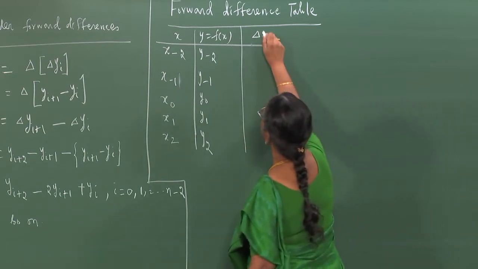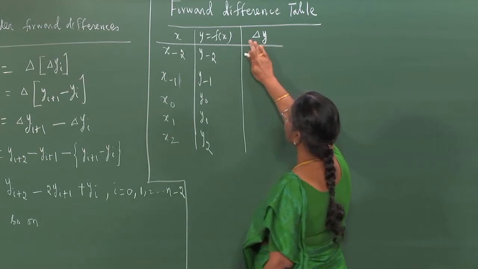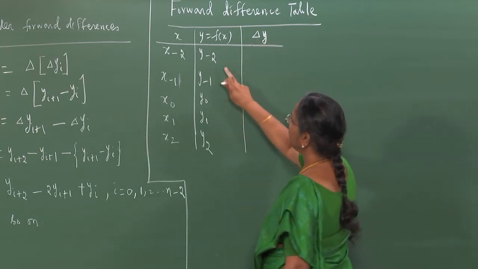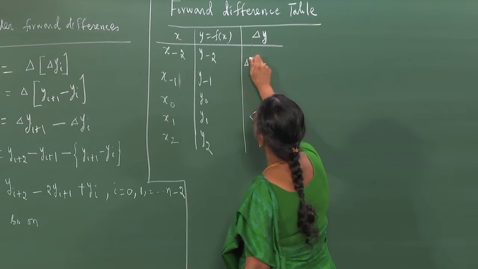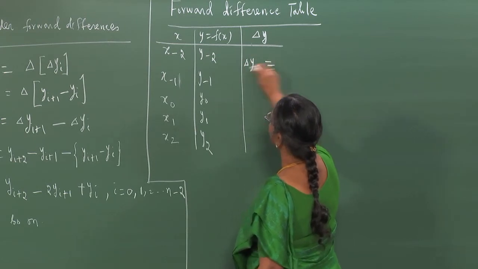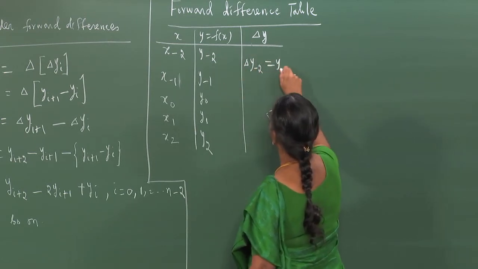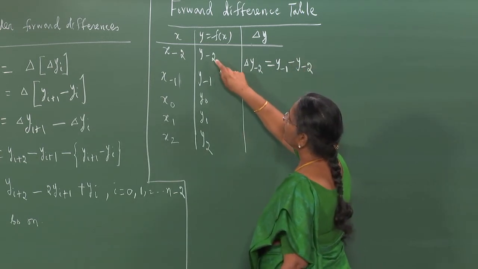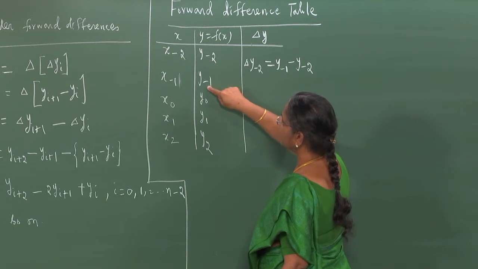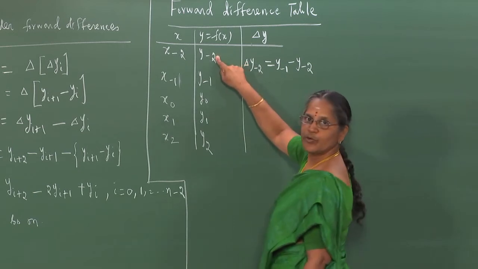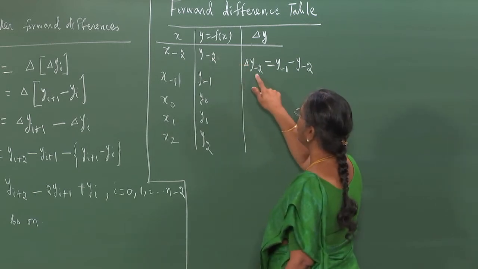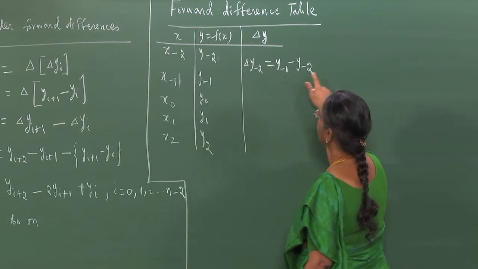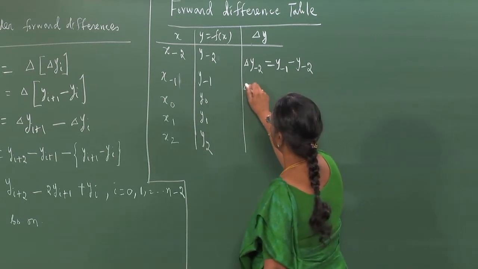So, let us compute delta y, the first order forward difference. So, delta y minus 2 will be y minus 1 minus y minus 2. So, the value at the next point minus the value at this point.